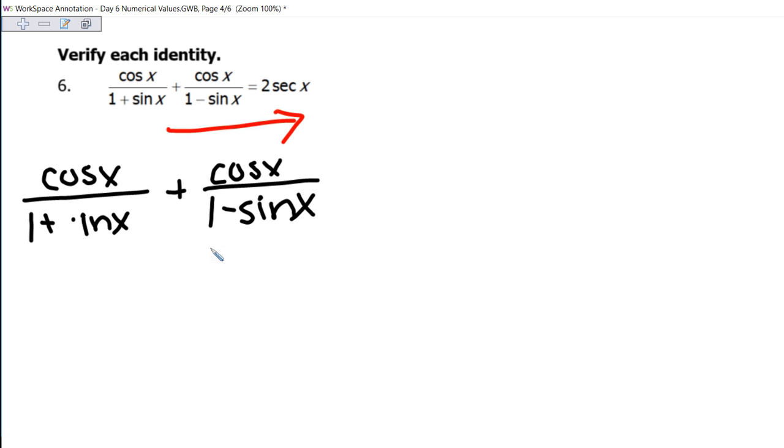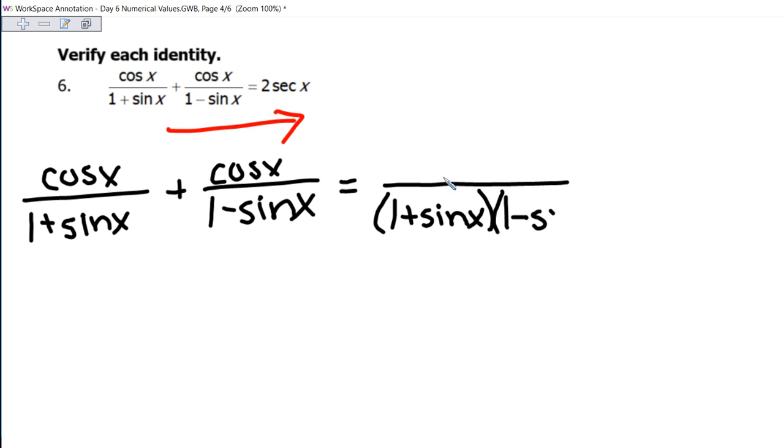So we have ones, but do we have a square term? No. Factor, can anything factor there? No. So here, in order to add two fractions, we'll have to have a common denominator. So our common denominator, just multiply the denominators together. So it's going to be 1 plus sine of x times 1 minus sine of x.